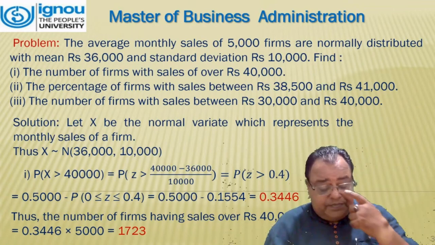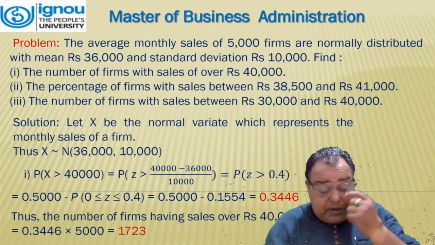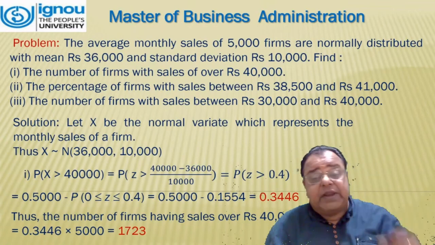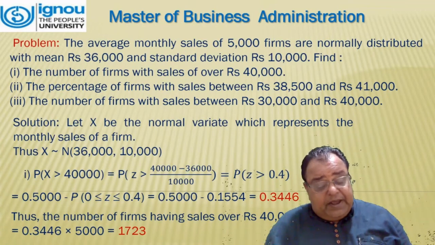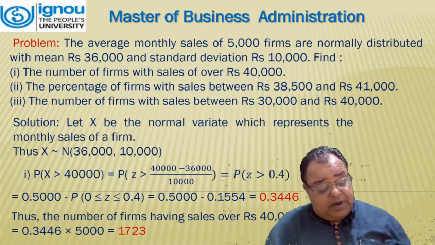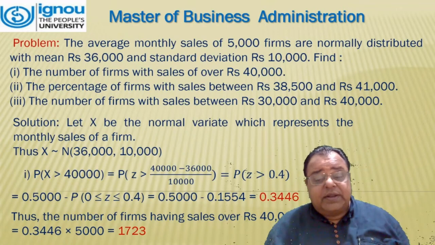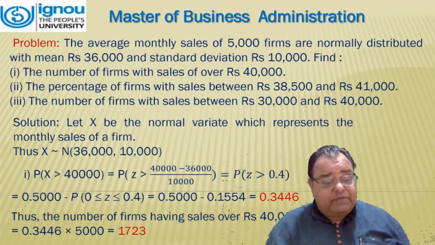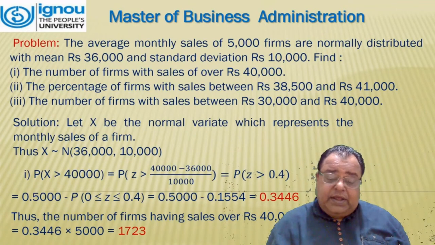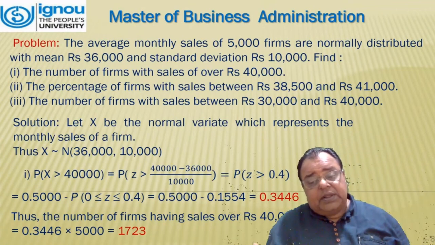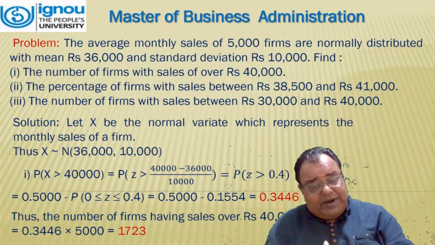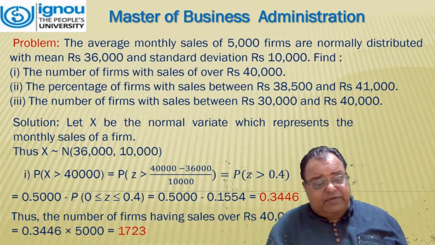Now, since we have to refer to the normal variate table, here we have to find the area under the curve that is greater than 0.4. That means, as you are aware, the tabular value refers to 0.5 on the right side and 0.5 on the left-hand side.